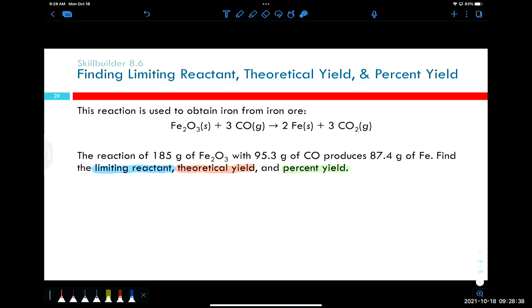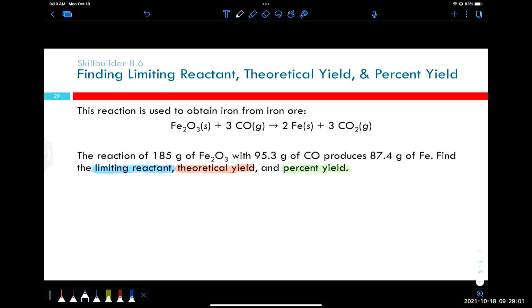So in a problem like this, know that if you're asked for a limiting reactant, theoretical yield, and percent yield, and you're given a value, because you have to be given a value from the real world experiment to calculate a percent yield, you're going to be doing a limiting reactant problem.